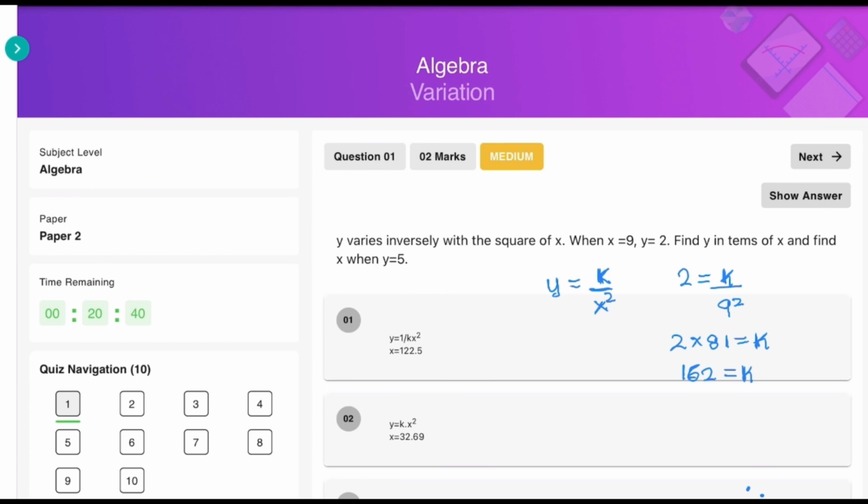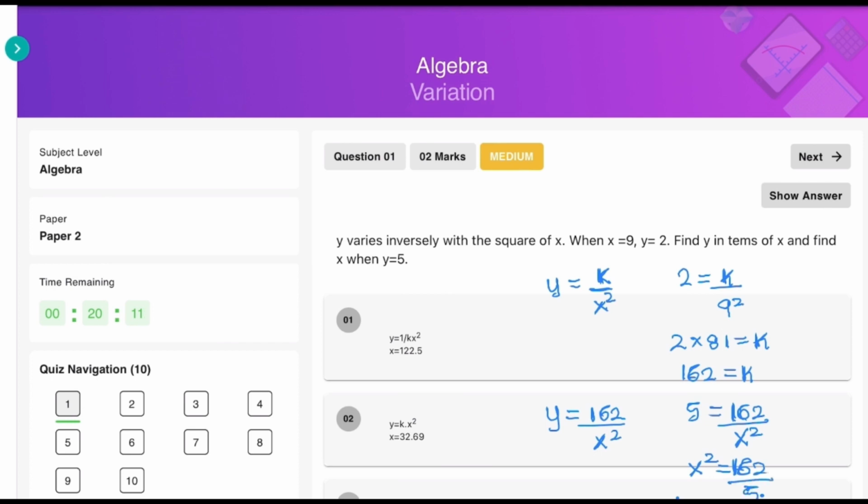So I can then write my new equation as y equals 162 over x squared. And from here now, if y is 5, 5 equals 162 over x squared. I can rearrange this. So x squared is equal to 162 over 5.